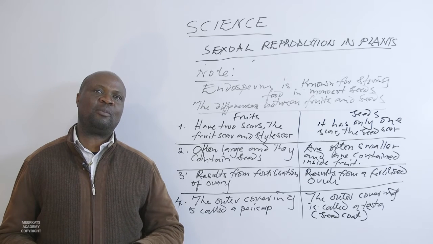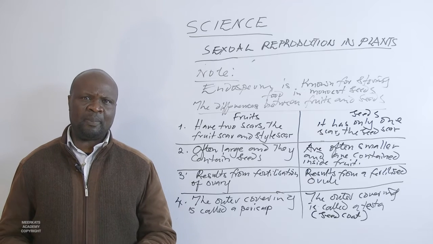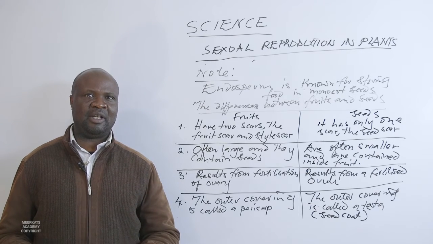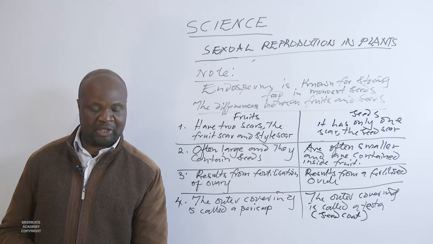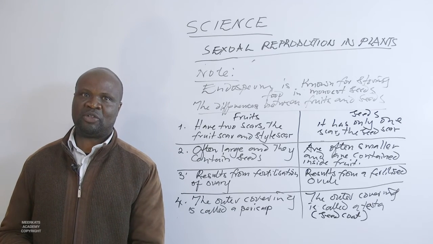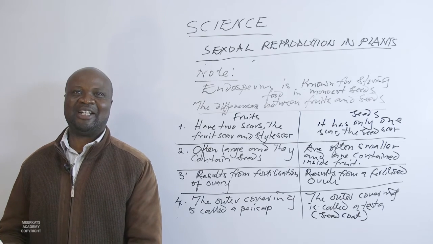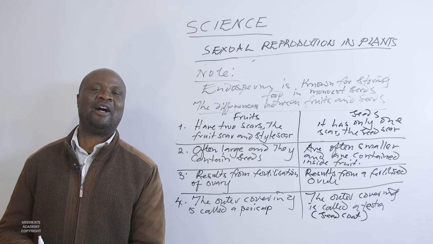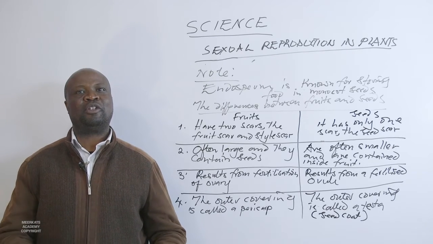Therefore, we shall have some questions to test our ability as far as reproduction is concerned. Then after that, we shall start on asexual reproduction in plants. Remember, today we have covered sexual reproduction in plants. In our next lesson, we shall cover asexual reproduction in plants, reproduction without the use of seeds.